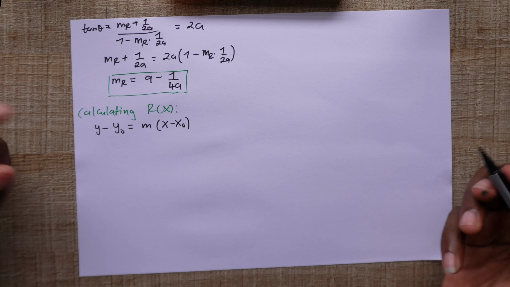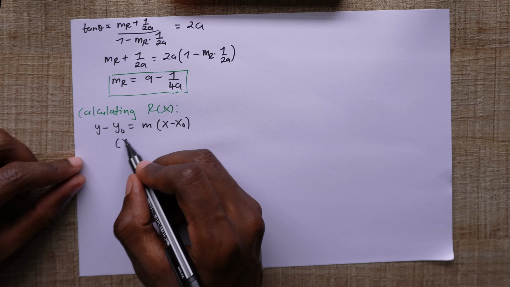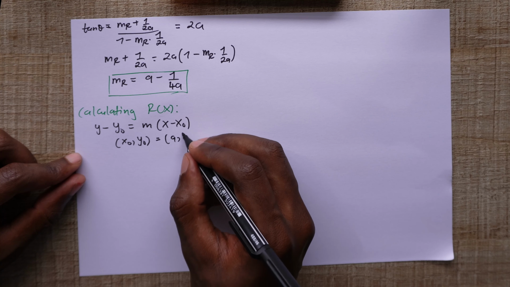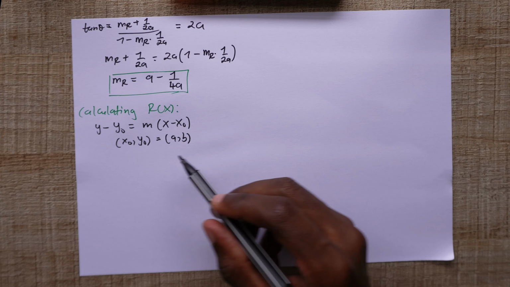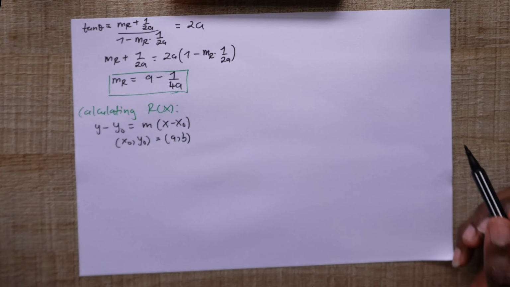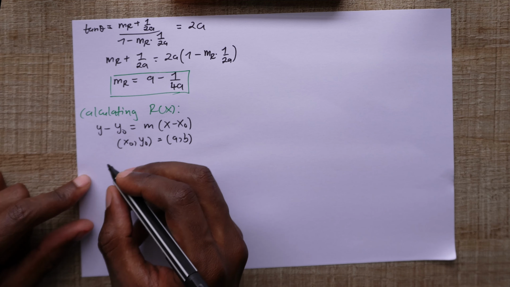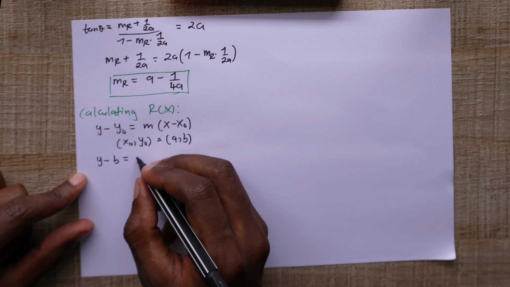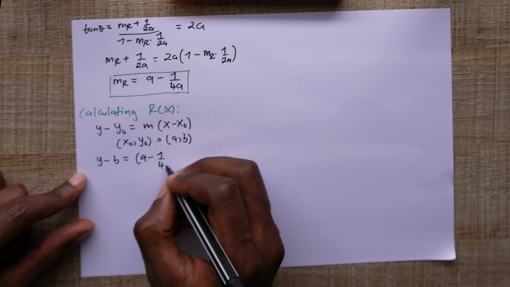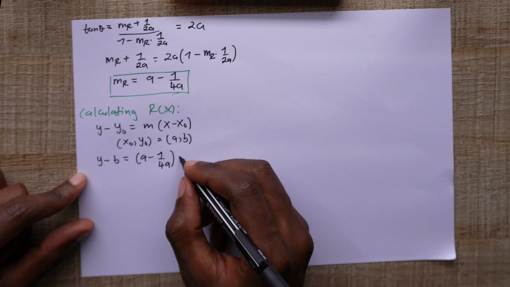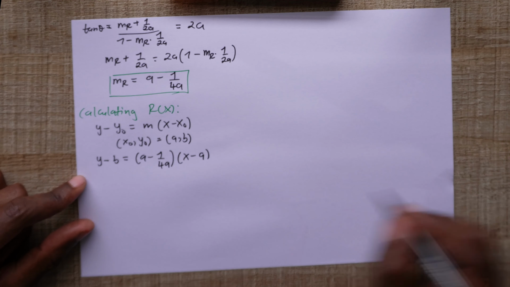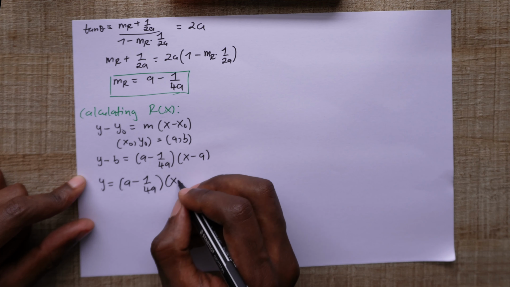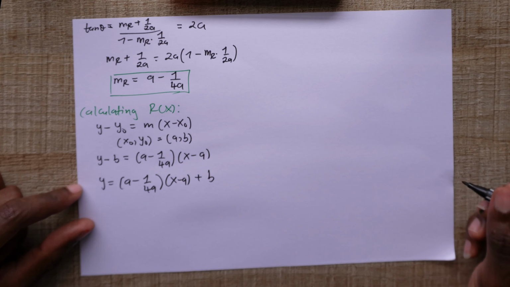So m is just the slope, and x0, y0 is just a point through which that line passes. In this case, our x0, y0 is the point P, which has coordinates a and b. So it's this point P. So we can do that. We have y minus b equals a minus 1 over 4a, okay, times x minus a. So this gives us y equals a minus 1 over 4a times x minus a plus b.